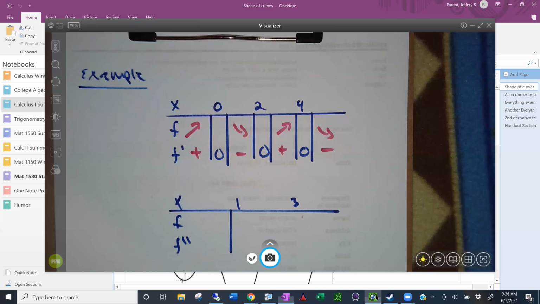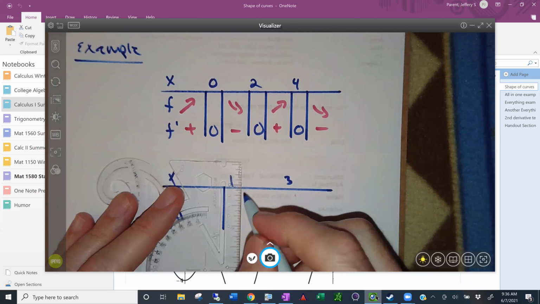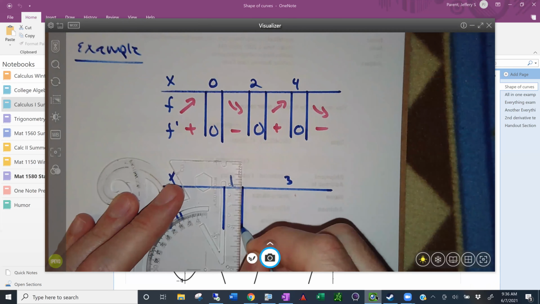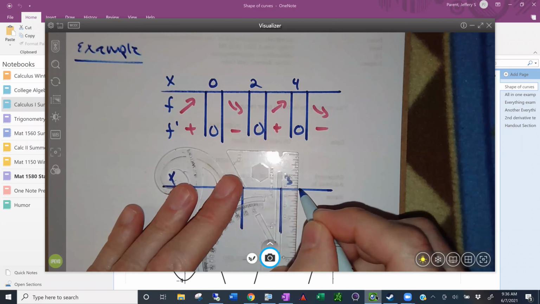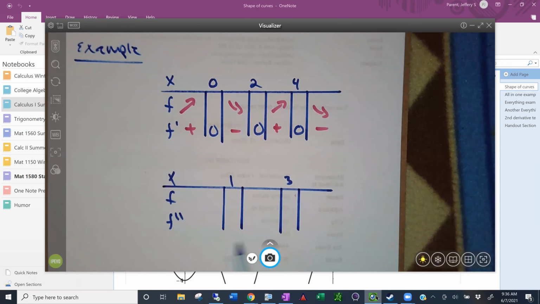And just to keep you up on what I'm doing here, let me switch screens. Now, I'm not sure they actually told us what's happening with the second derivative at these points. Don't know, but that's okay. Let's fill in what's happening around these points with the second derivative.